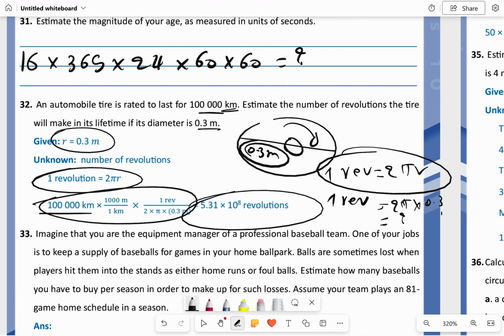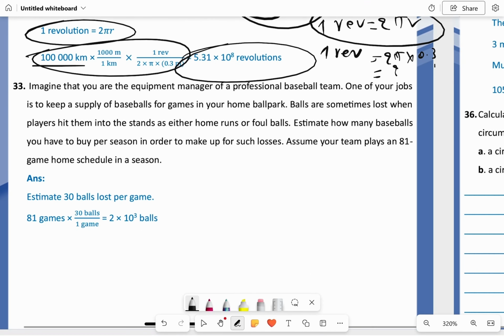You'll get this result. Imagine that you are the equipment manager of a professional basketball team. One of your jobs is to keep a supply of baseballs for games in your home ballpark. Balls are sometimes lost when players hit them into the stands as either home runs or foul balls. Estimate how many baseballs you have to buy per season in order to make up for each loss.